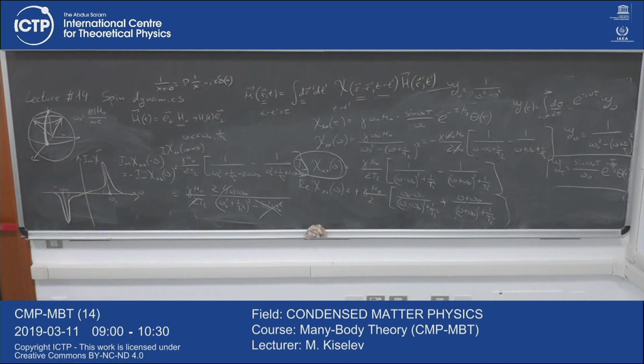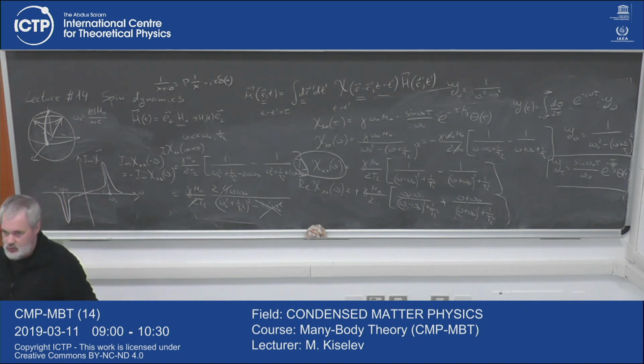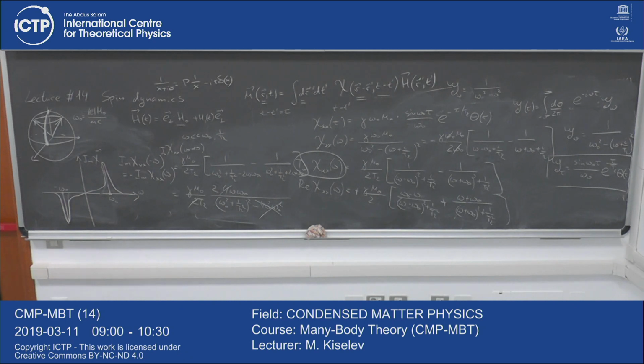And this is a very important property of bosonic systems, actually, that the imaginary part of the response function for small omega is linear. I will come back to this point when we discuss experiment, but this is a very important property. Please just keep it and remember it. Whatever bosonic system you have, at low frequencies, the response function should be linear.